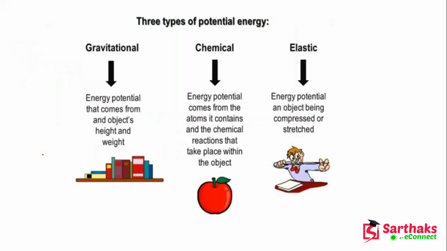Now, these are the three types of potential energy: gravitational, chemical, and elastic. Gravitational potential energy comes from an object's height and weight. Suppose you have one object at this height and this is the ground.